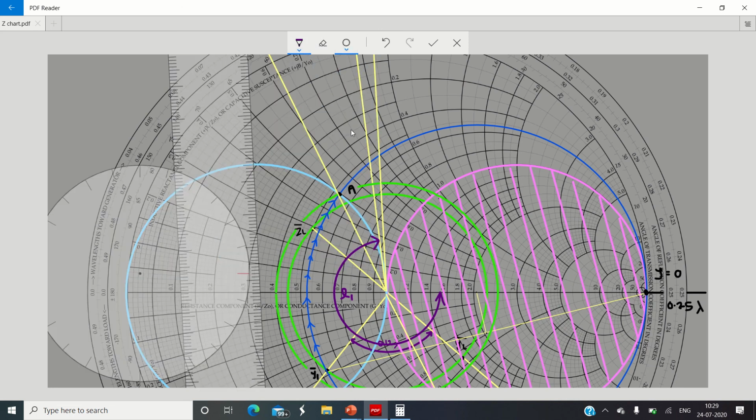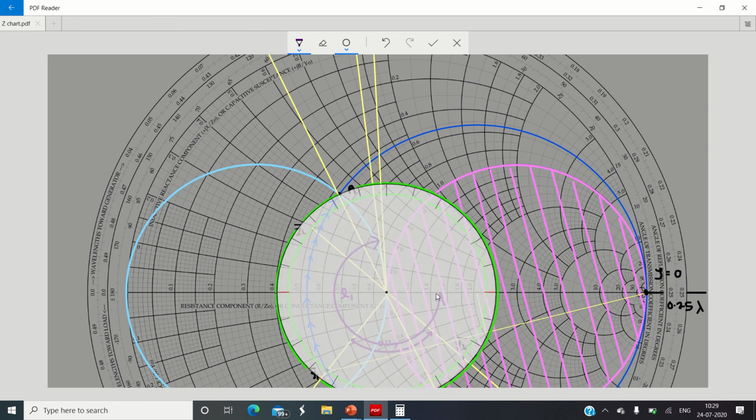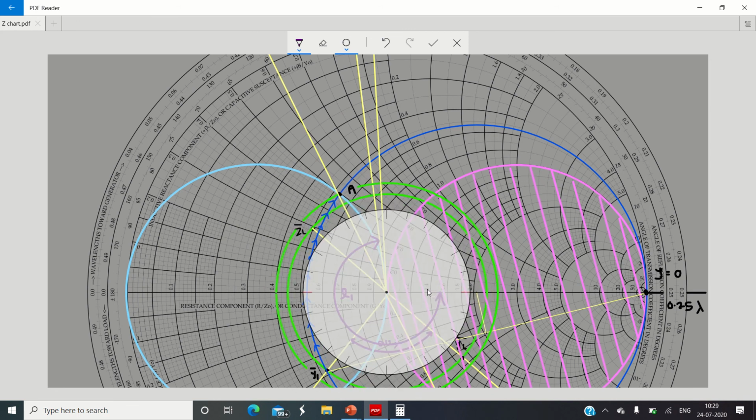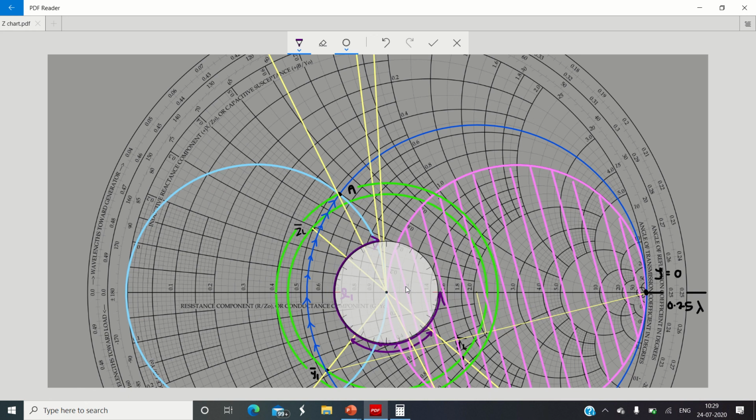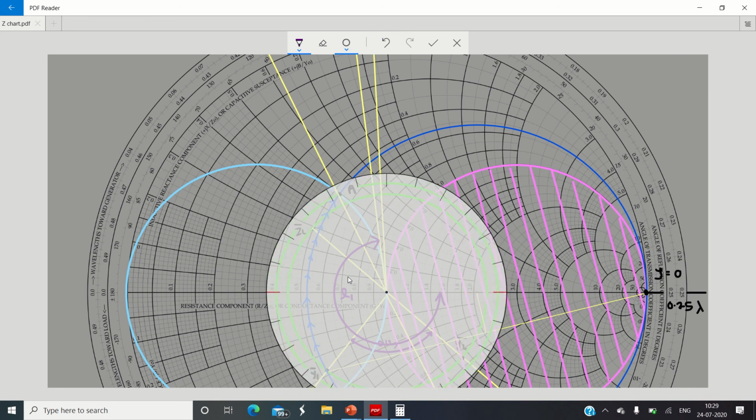I'll use a compass. I will put the compass at the center, and the distance we want to cover is from this line to this third line, right? Or rather I will make it big so that we can visualize it clearly. So the distance from this horizontal line at 0.25 lambda to this third line.